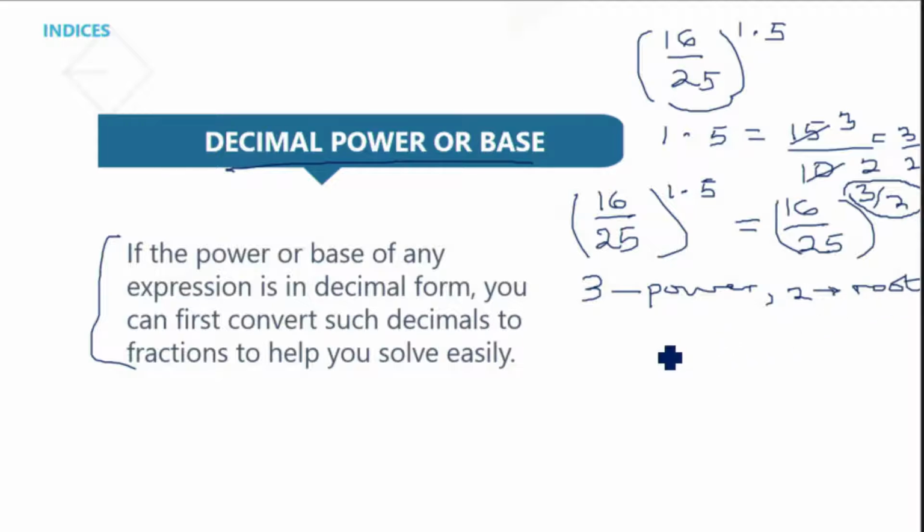So we're doing square root, okay? Square root of this number. This is the number. So square root of 16 over 25. We don't write 2 here, okay? For square root, we don't write. This sign alone is square root. All right, all raised to the power what? The power is 3. So we have 3.